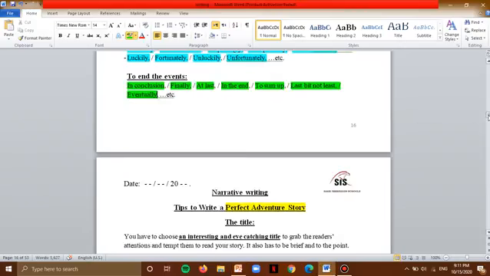And we said we can use words in the conclusion like finally, at last, in the end, last but not least, eventually. Fine. So this is how I'm going to write or organize my story, beginning from the title until the conclusion.